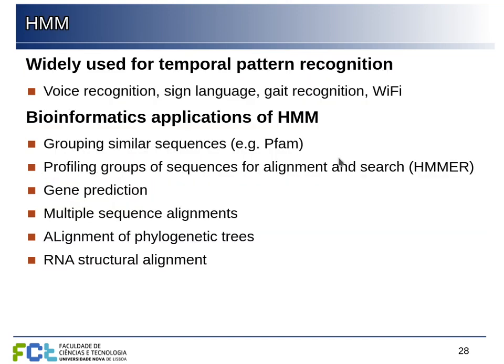Basically, whenever we are dealing with sequential data, we can use hidden Markov models most of the time. But it's also used outside bioinformatics, for recognizing temporal patterns when we have this progression, this sequence of events. And this can be used for voice recognition, even in wireless communication.